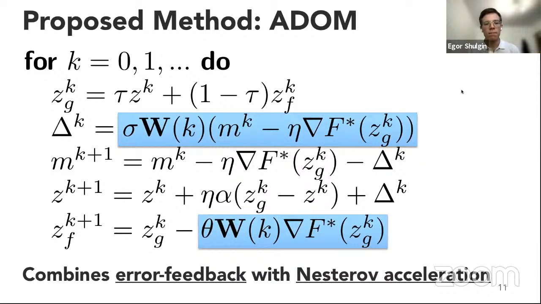So here, the blue terms correspond to communication complexity. On every iteration, we communicate these vectors, and we communicate them because there is the W operator, which, as I said before, corresponds to a decentralized communication round.